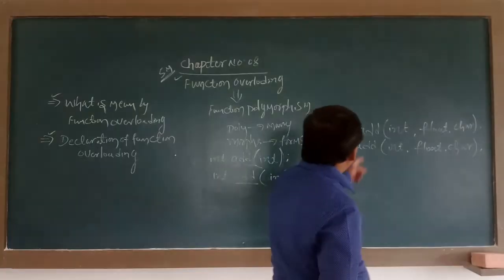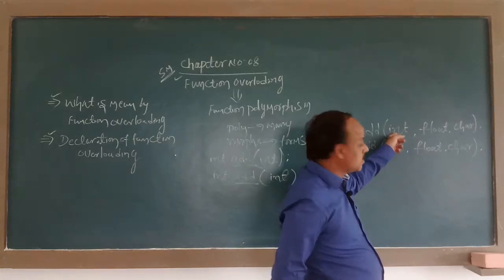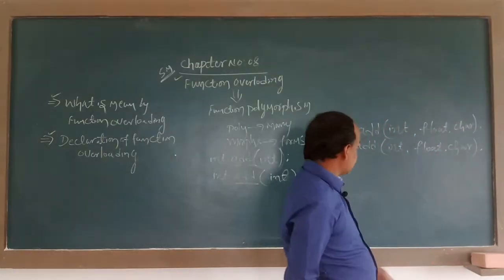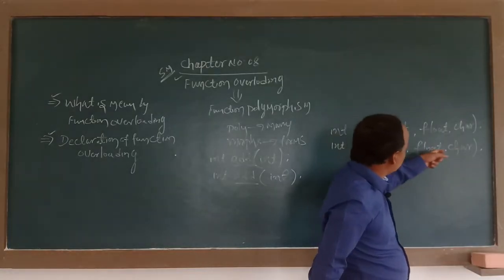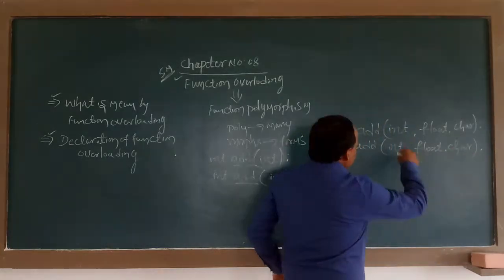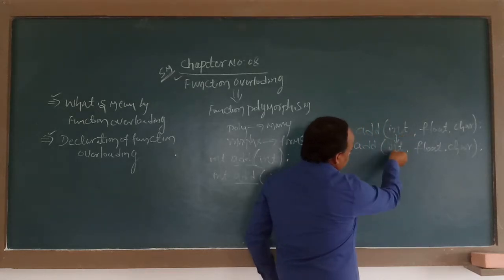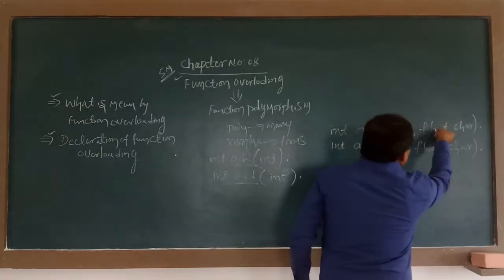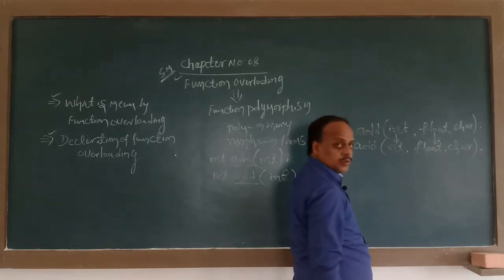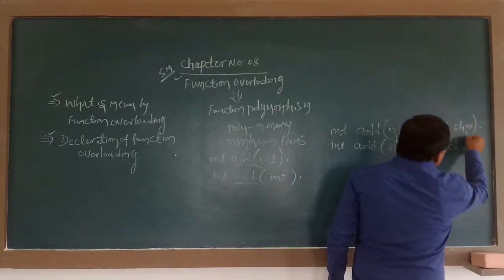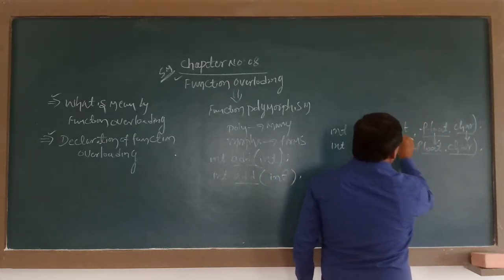For example, the first function contains three parameters of int, float, char, and the second function's name is also add, with parameters int, float, char. The first function's first data type is int, and the second function's first data type is also int. The first function's second data type is float, the second function's second data type is also float. The first function's third data type is char, the second function's third data type is also char, right? So they are matching.